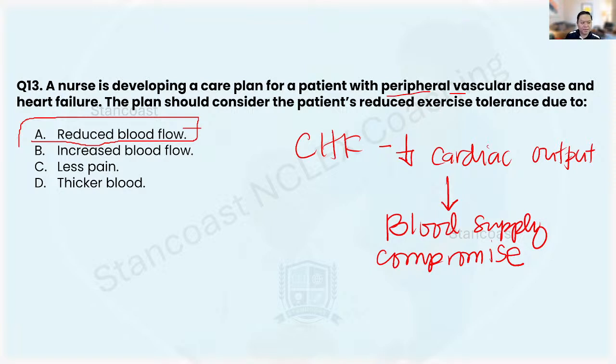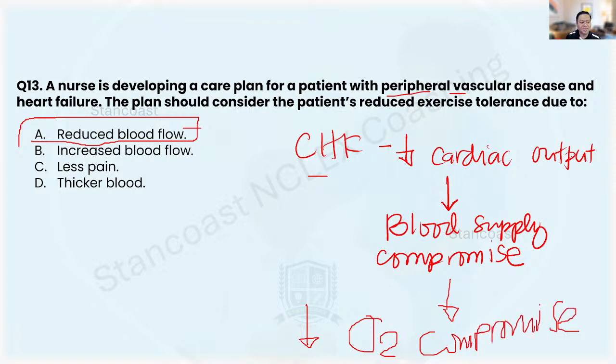So the reason here is that we need to really consider the patient's diagnosis. They have a comorbidity, heart failure. So we want to make sure that our patient will have a safe balance between their activity and also the treatment regimen, the demand for oxygen. We want to make sure that our patient is able to perfuse the distal extremities. Okay, so blood supply also leading to oxygenation compromise. Right?